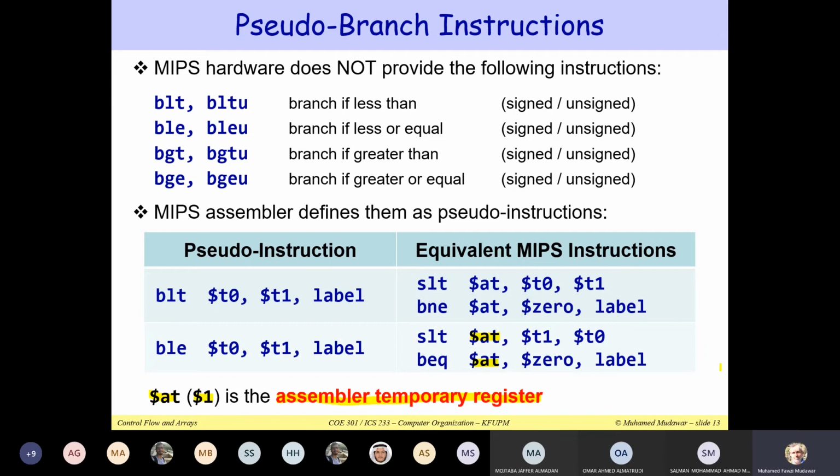It's used by the assembler to translate pseudo instructions into equivalent MIPS instructions. And the reason why the assembler uses AT is to avoid using any other temporary register which can be used by the programmer. So remember that the translation from pseudo to equivalent MIPS should not modify any register except the assembler temporary. So the assembler temporary can be used by the assembler to translate pseudo branch instructions to avoid modifying any other temporary register.